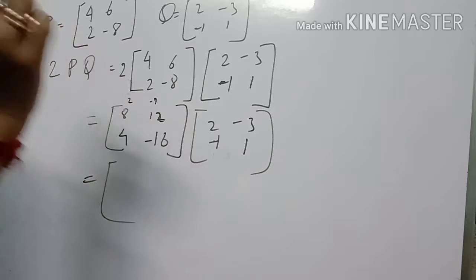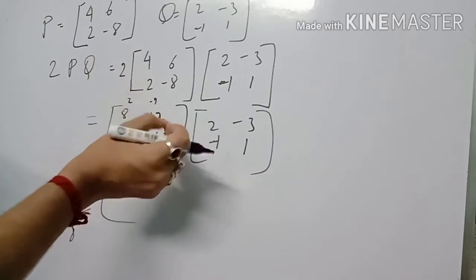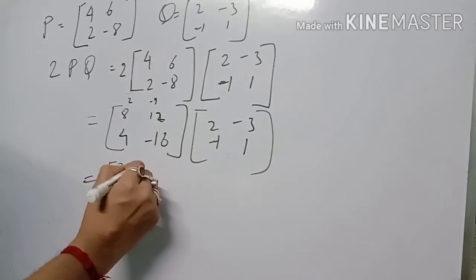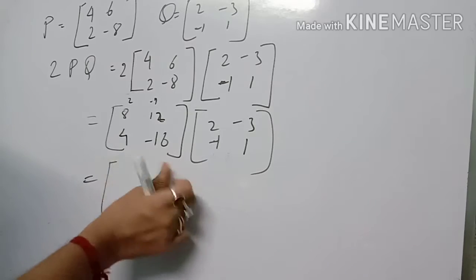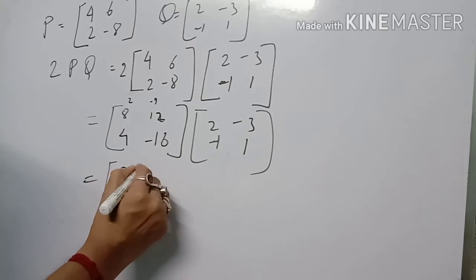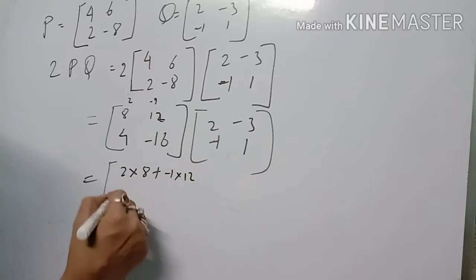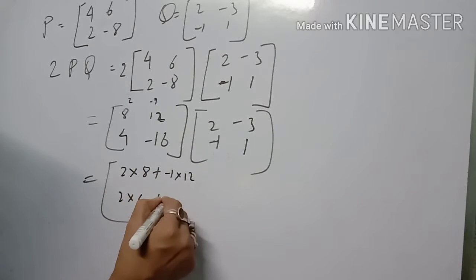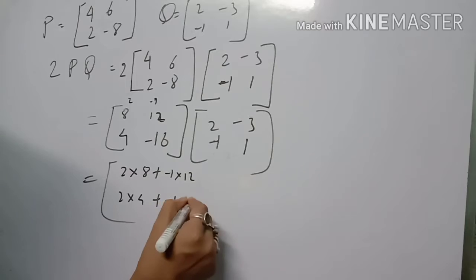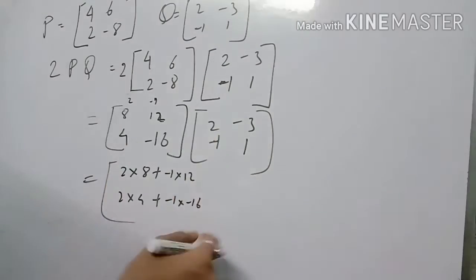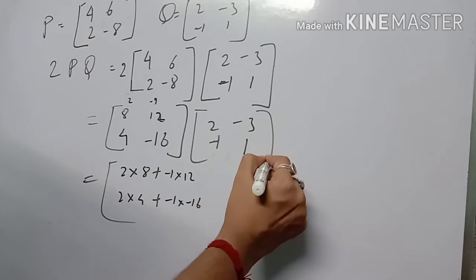We're going to erase it. Make sure that you're writing it in pencil so that you can erase it. Okay, so 2 into 8 plus minus 1 into 12, 2 into 4 plus minus 1 into minus 16. This part is done. Let us proceed to this part.